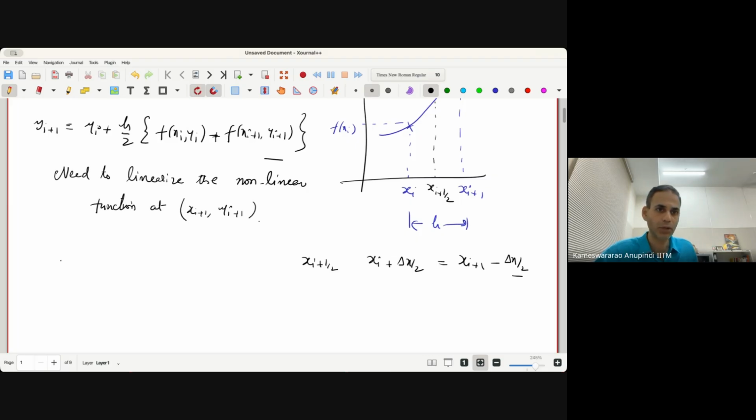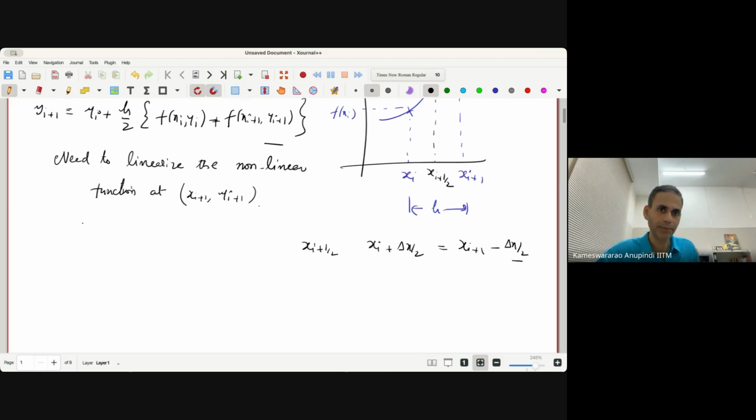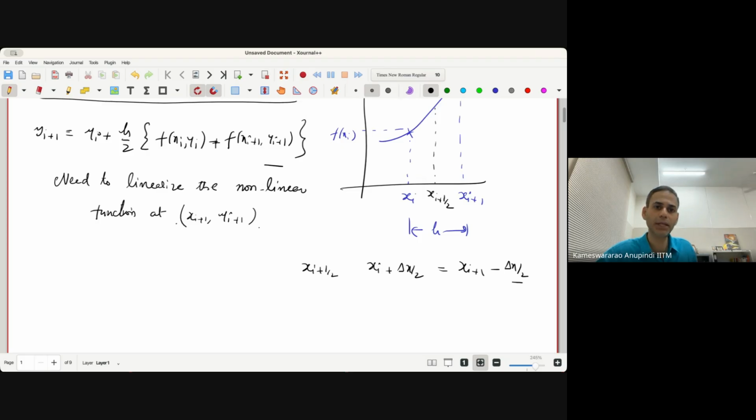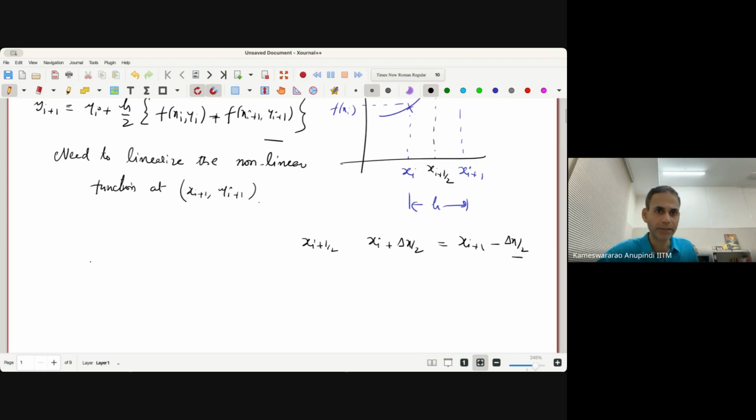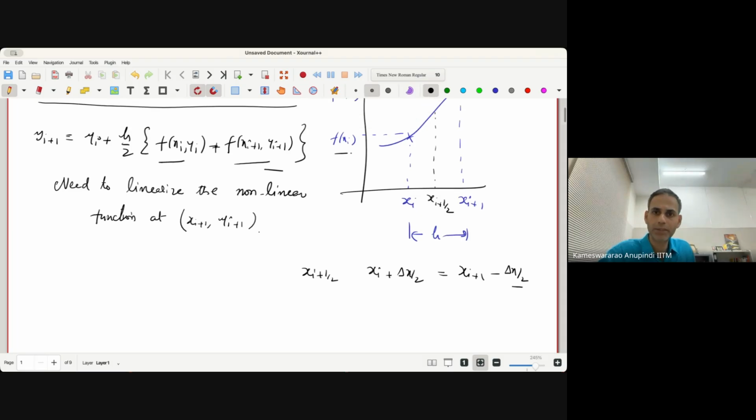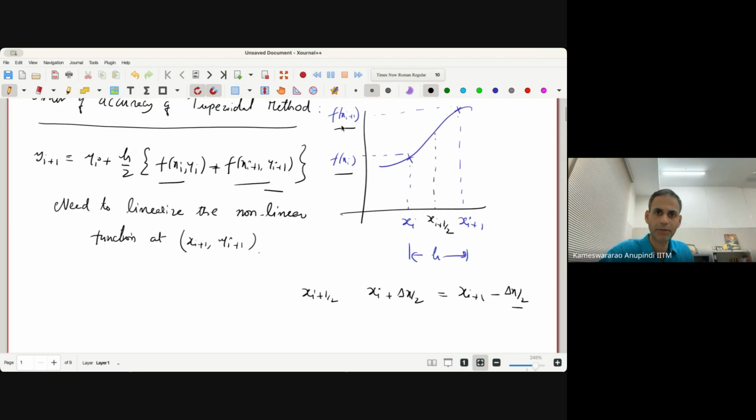So let me expand the right hand side. That is f of x_i, y_i and f of x_{i+1}, y_{i+1} about x_{i+1/2}. Instead of taking x_i, y_i, x_{i+1}, y_{i+1}, let me work with a single variable, f.